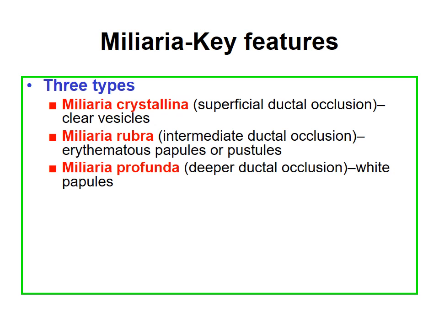Miliaria profunda is deep ductal obstruction, and the result will be white papules. So if you see the dominant lesion is vesicles, this is miliaria crystallina, meaning the obstruction is superficial. If you see white papules, the obstruction is deep. Between superficial and deep, intermediate ductal obstruction is miliaria rubra, presenting with erythematous papules or pustules.